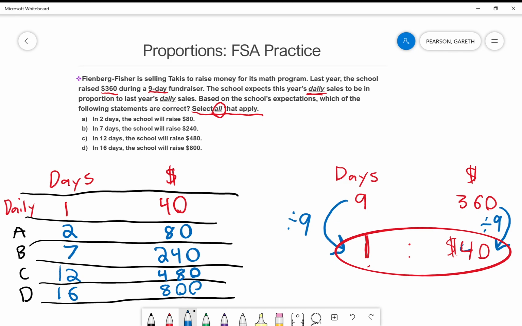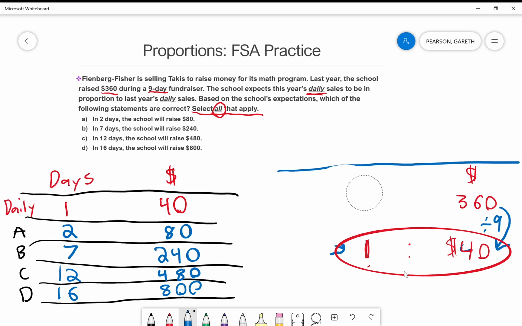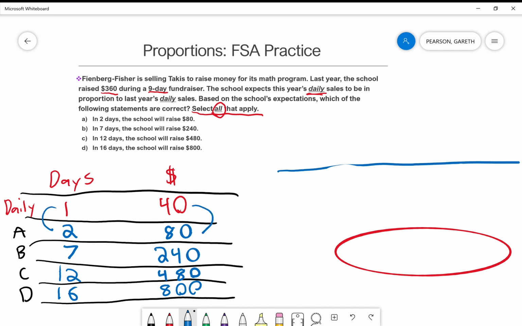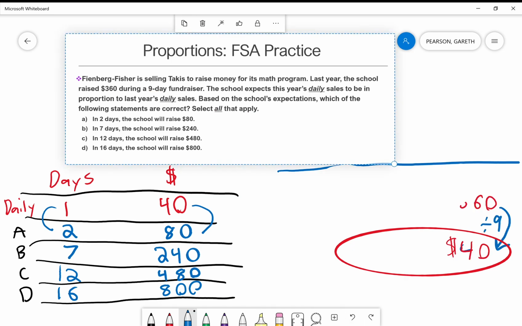Now, all that we have to do is check. Okay, let's erase over here to make some space for our work. Alright, so you can already tell to get from 1 to 2, you multiplied by 2. Perfect. Do we also multiply by 2 here? Yes, we do. Therefore, A is the correct answer.